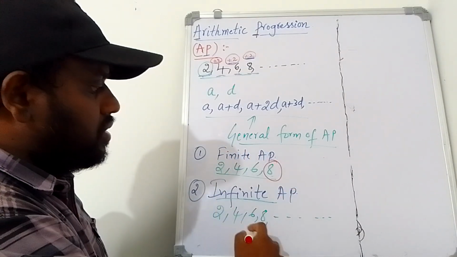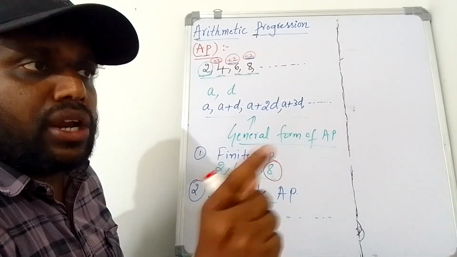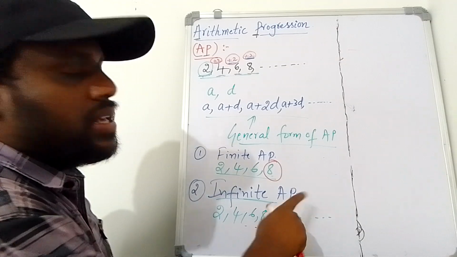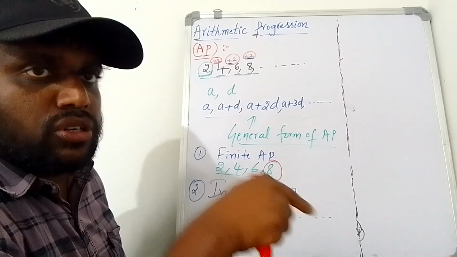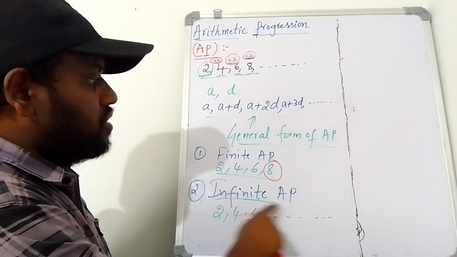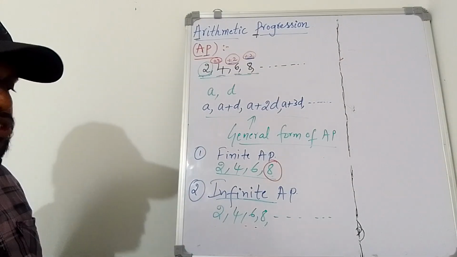But in the other case, numbers will continue indefinitely till infinity. We cannot identify which is the last term. So an infinite AP is the AP that does not have a last term. So examples are these. I hope you understand.